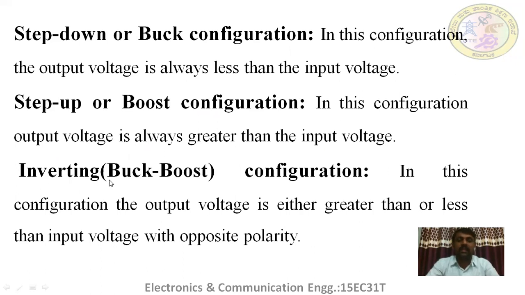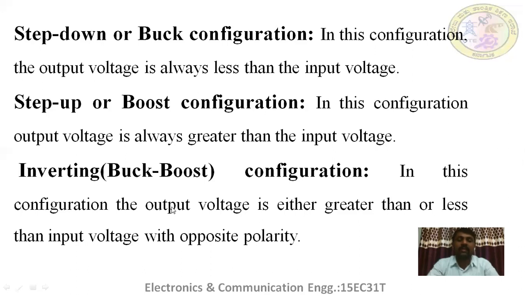So the third one is inverting configuration. In inverting configuration, the output voltage is either less than or greater than the input. So that means this provides the feature that you can use this inverting configuration to get a lower voltage than the input or a greater voltage than the input, but the output voltage with opposite polarity.